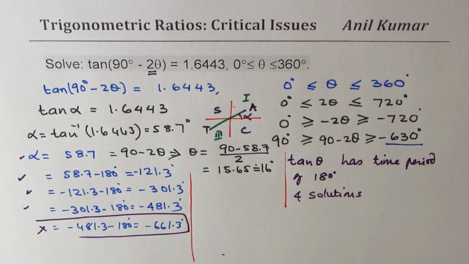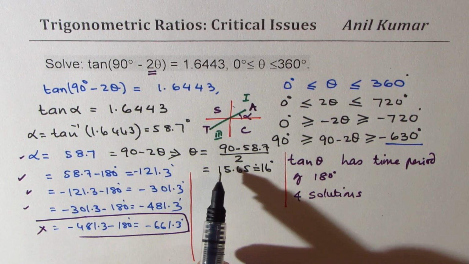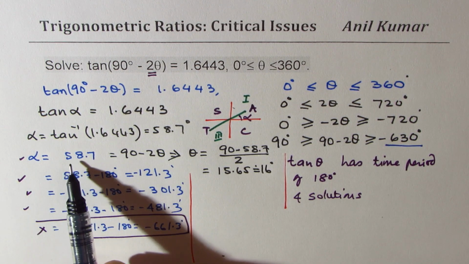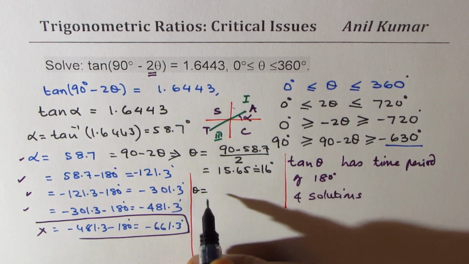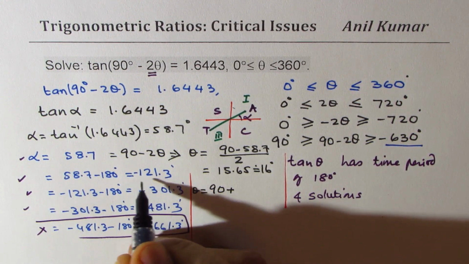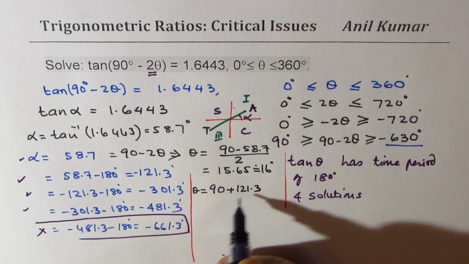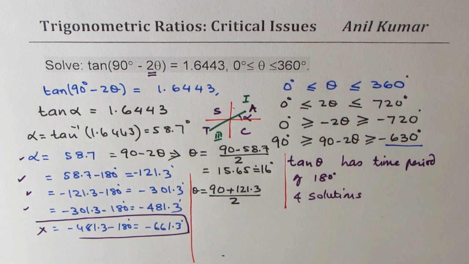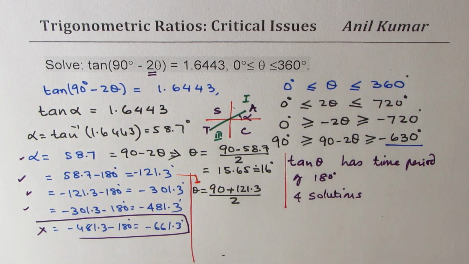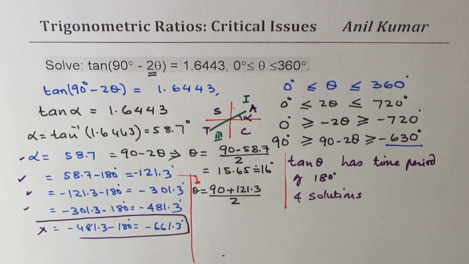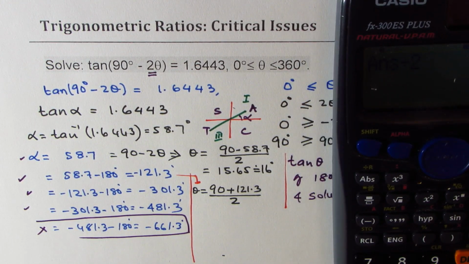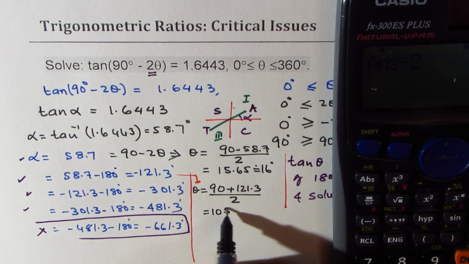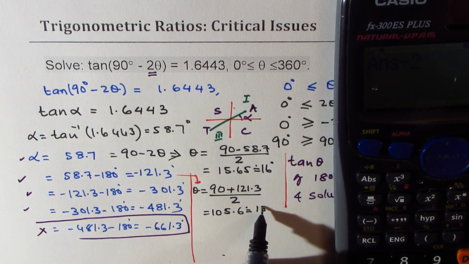So we get different values of theta from these values. Let's calculate all others. That was positive, right? These are negative, so they will get added to 90. So the other angle of theta will be 90 plus 121.3 divided by 2. This is for the second value I'm calculating. Do you see that part? There's limited space, so I'm just writing it. So 90 plus 121.3, divided by 2, in decimals is 105.6, which is approximately 106 degrees.